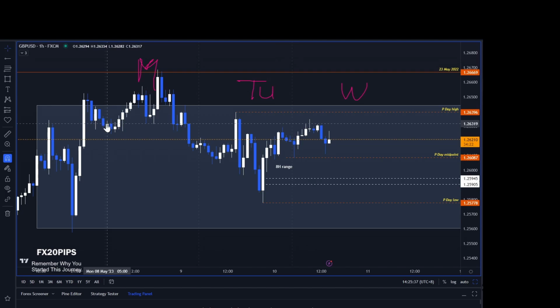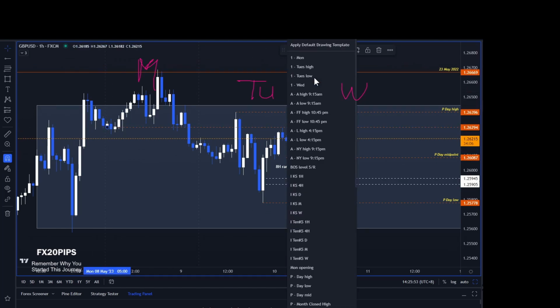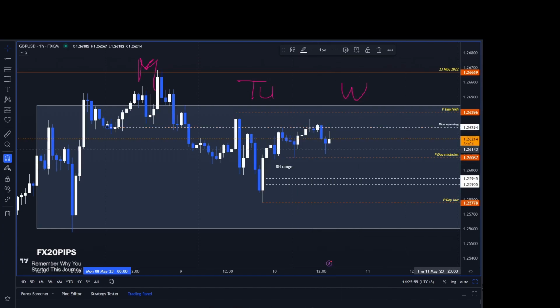If you are a day behind me, it could be your Sunday, so you got to work that one out. So I put a dot here, and then I change it to Monday opening.